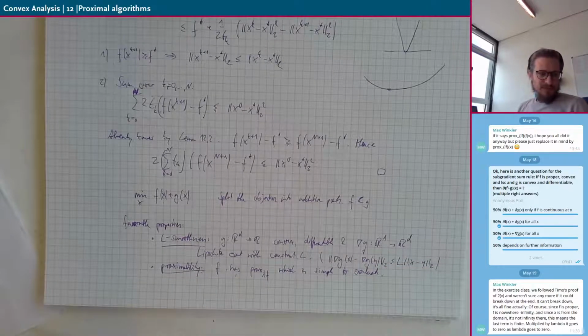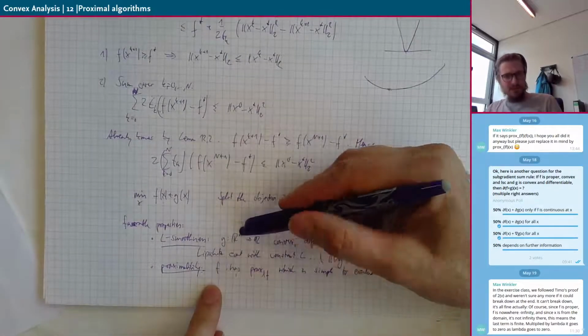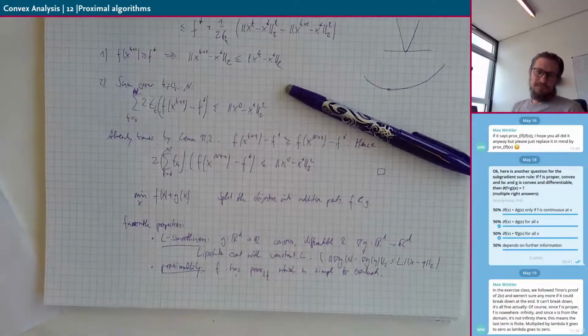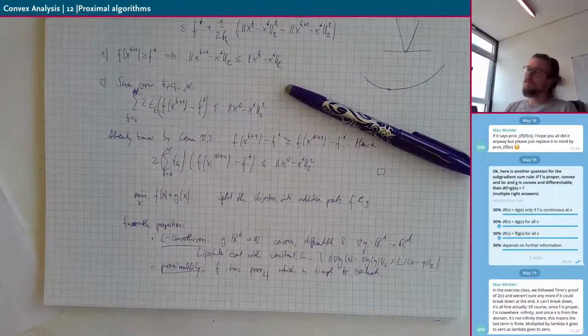So what does that mean, simple to evaluate? Well, we're still dealing with problems in R^d, so we can think of each iteration step costing some amount of time, and consider how this amount of time depends on d.